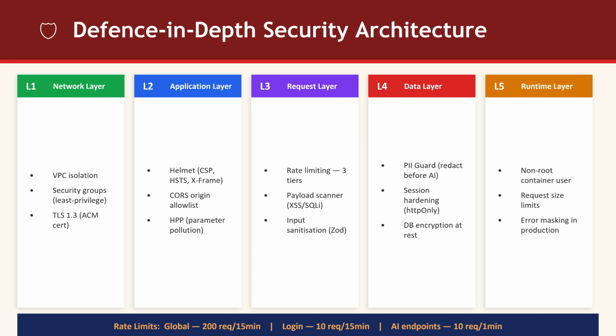L3 is request limiting, L4 is data, PII guard, L5 is runtime: non-root container, request size limits, generic error messages in production. If you are building an API for users, this is the baseline, not optional, from day one.